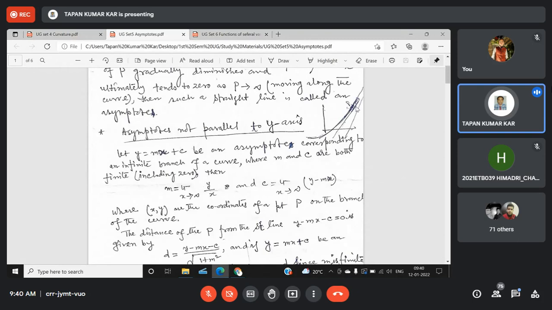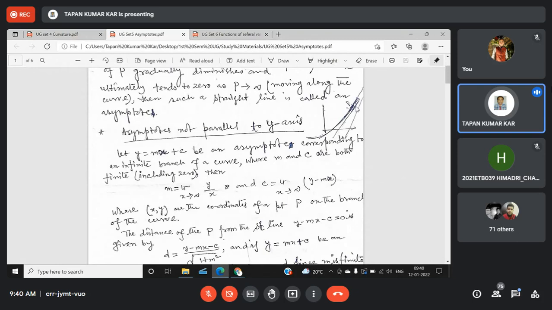So again I am discussing, if there is a branch of a curve and if asymptotes are not parallel to y-axis, we assume it y equal to mx plus c. Then here two unknowns are there, m and c.